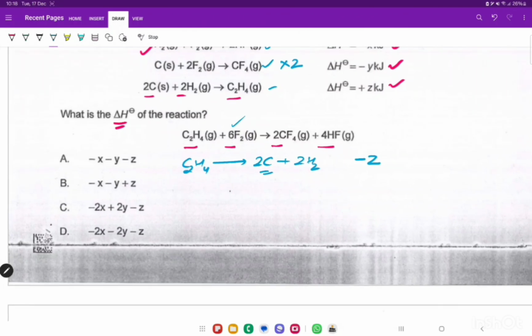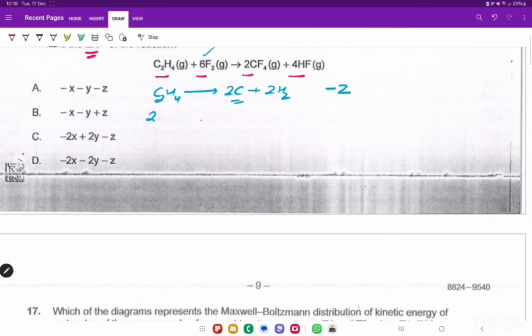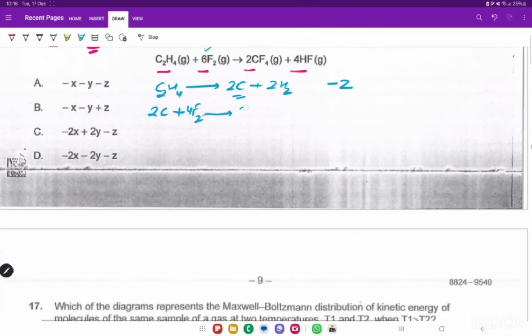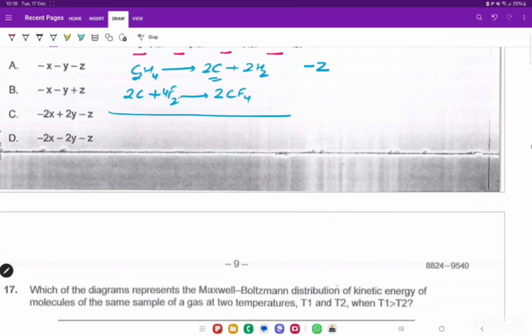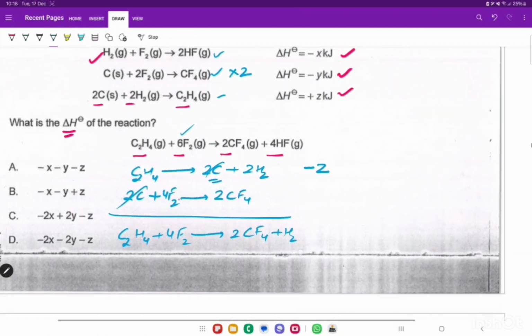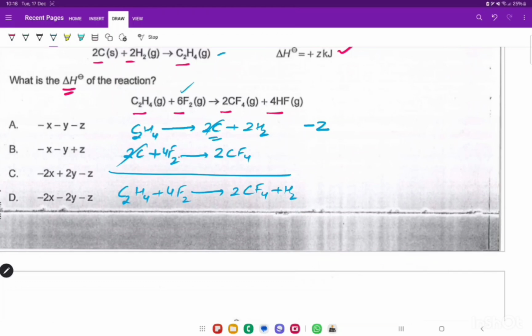It will be 2C plus 4F2 gives you 2CF4. If I add it, the 2C cancel. I will get C2H4 plus 4F2 gives you 2CF4 plus 2H2. I had multiplied equation number 2 by 2, so that will be minus 2Y.